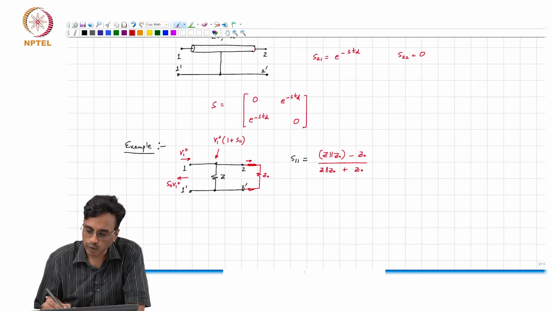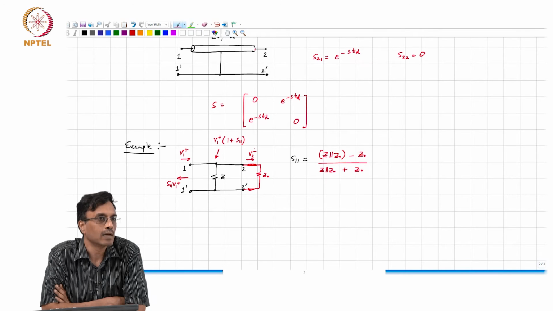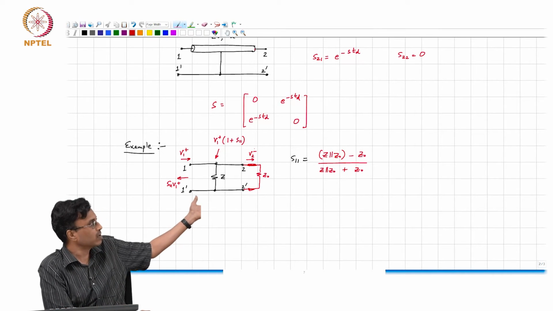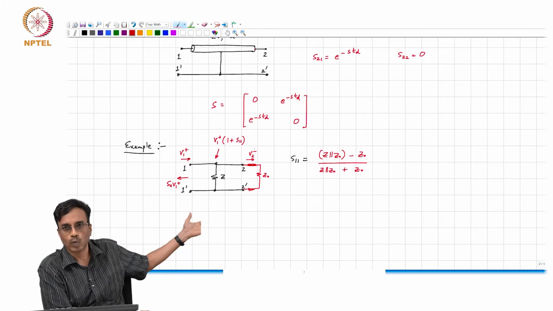Why am I interested in this forward going wave here? That is V2 plus or minus? V2 minus, very good. Okay. So, what comment can we make about V2 minus? It will be equal to the voltage at port 2, which happens to be V1 plus times 1 plus S11, correct.